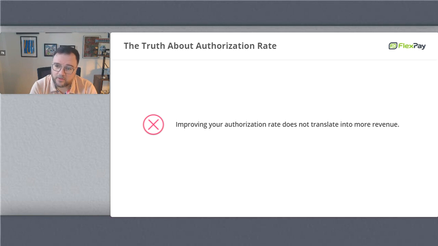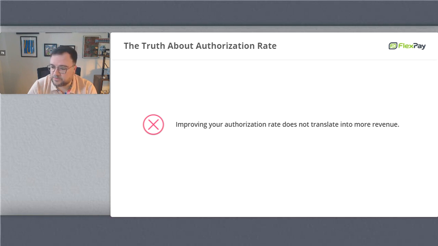By increasing their authorization rate and making their processes more rigid, they actually hurt their revenue in the long run. At the end of the day, they sat down and said, well, what's happening? Our business is doing less than we were before. Why is that? And that's where we wanted to really get into talking with them.